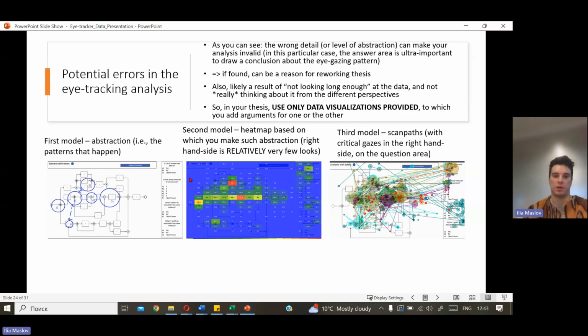So that's what I'm saying about the details. You need to look at the data for a long time, and if this error is found when you analyze and prepare the data and show it, it can be a reason for reworking. It's not to scare you, but just to focus, so you're not making these mistakes.